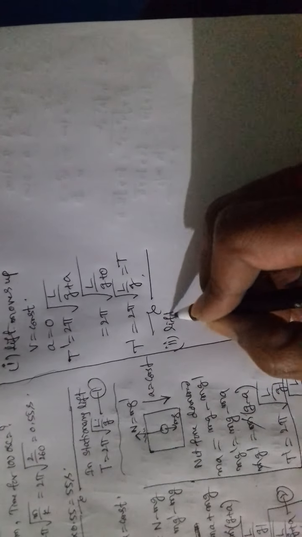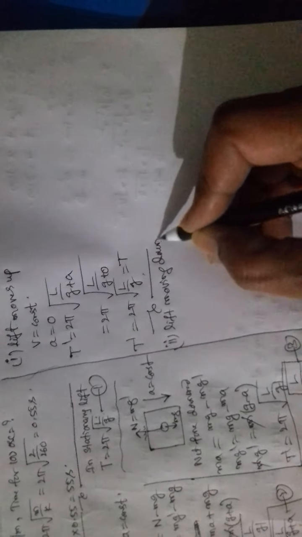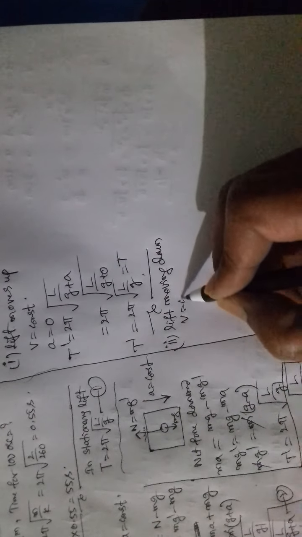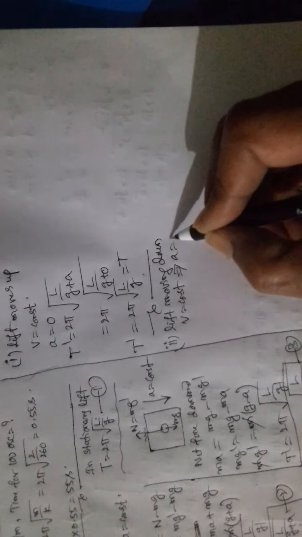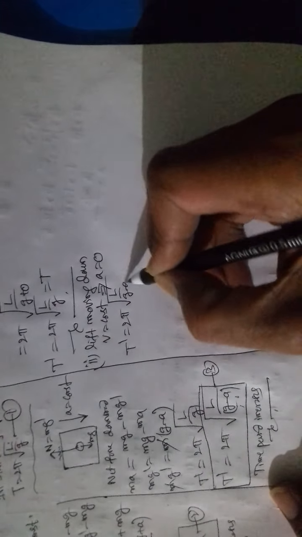Second one, lift moving down with constant velocity. Again constant velocity represents a is equal to 0. Now we take lift moving down and the expression is T dash is equal to 2 pi root L by g minus a, and here a is equal to 0.